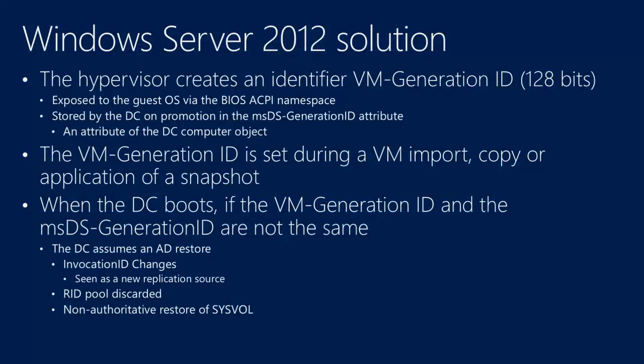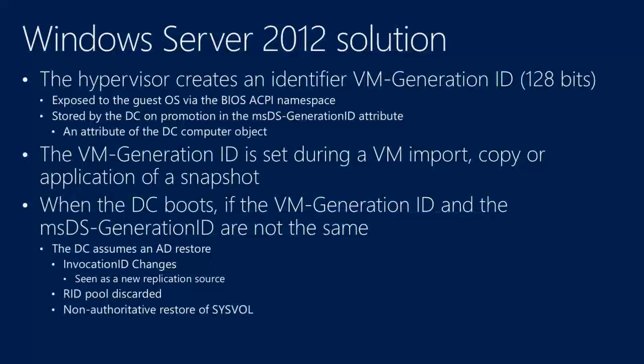So now, constantly, the msDS-GenerationID stored in the Active Directory is compared with the hypervisor generation ID. If you deploy a snapshot, if you put in a copy of a VM, that generation ID changes. And immediately it's spotted.